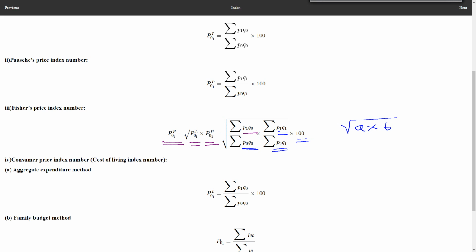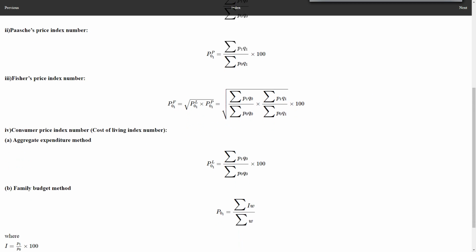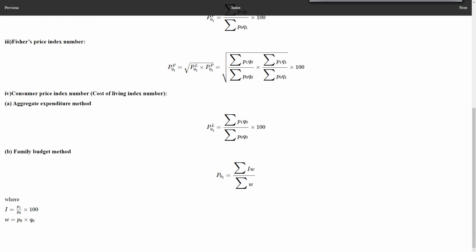Finally, let us see the formulae for consumer price index numbers. In an earlier lecture, we have seen that there are two methods to calculate consumer price index number. The first method is the aggregate expenditure method, and the second method is the family budget method.